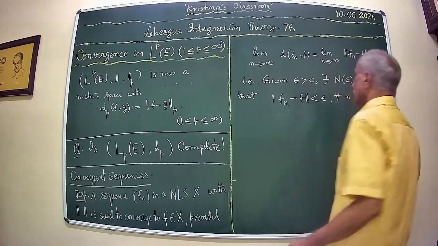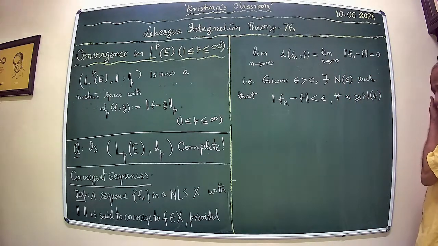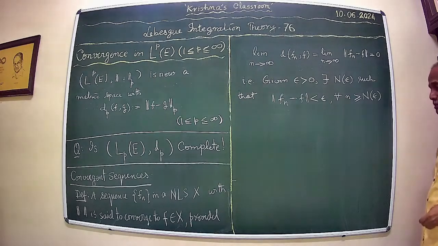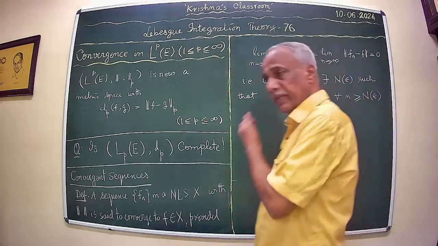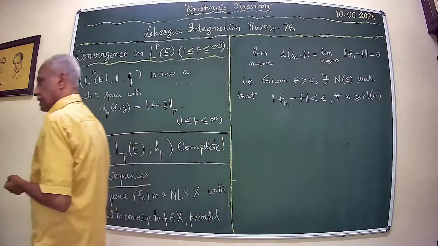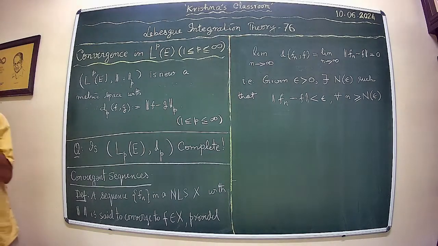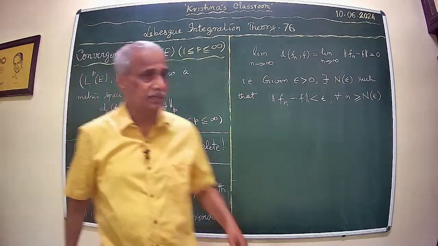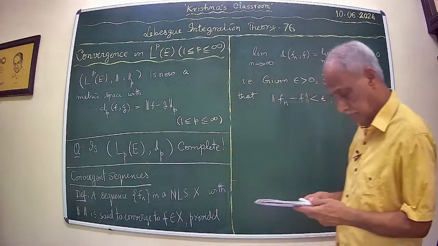Now this is the definition of convergence. So we can talk about convergence in every metric space, therefore in every normed linear space.